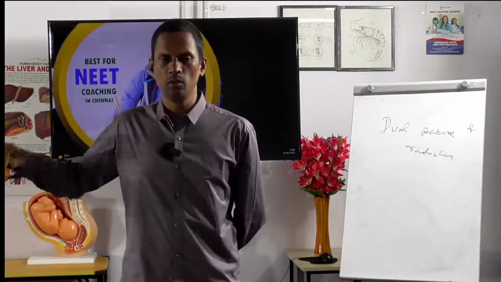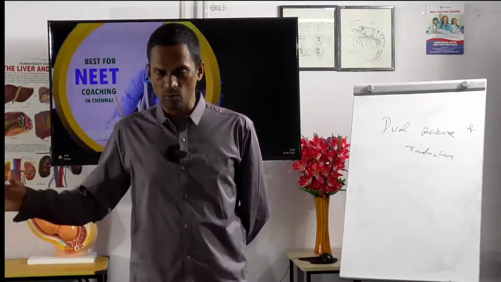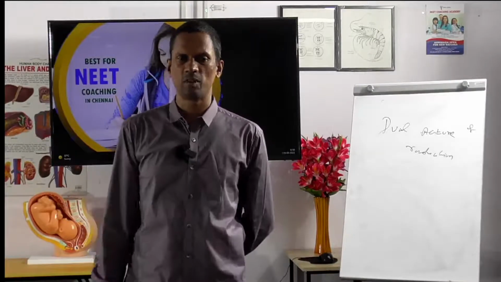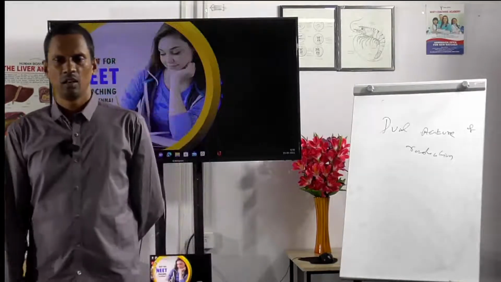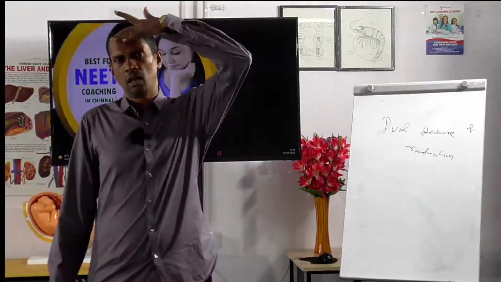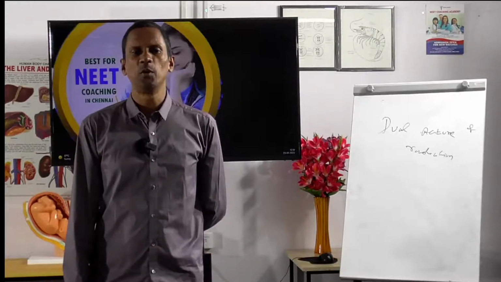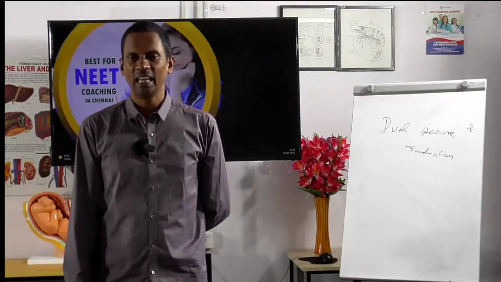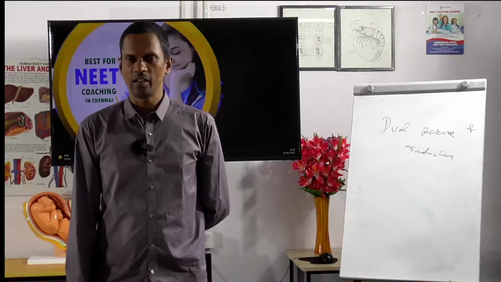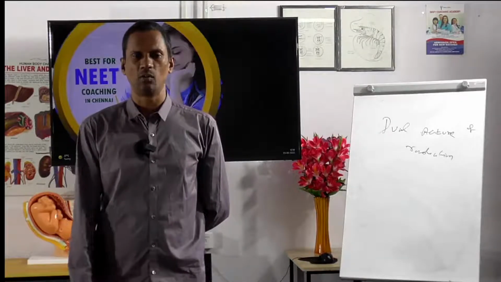EV is nothing but electron volt. What is the relationship between K and EV? Kinetic energy is given in electron volt. Its unit, the kinetic energy unit, is EV. You understood or not? Kinetic energy unit EV, electron volt.